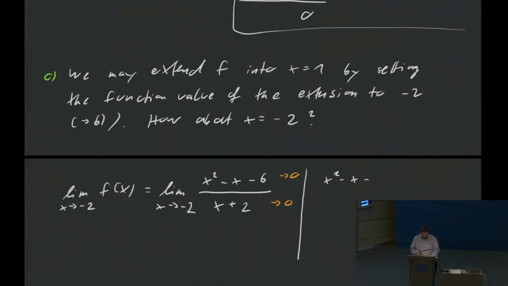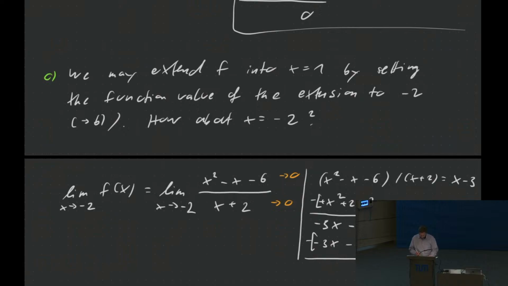x squared minus x minus 6 divided by x plus 2 is, let's see, we need an x first. We get x squared plus 2x. We subtract that and we get minus 3x minus 6. So we need a minus 3. And we get minus 3x minus 6. And if we subtract that, then we get 0.